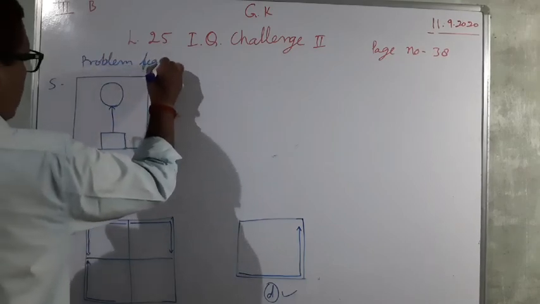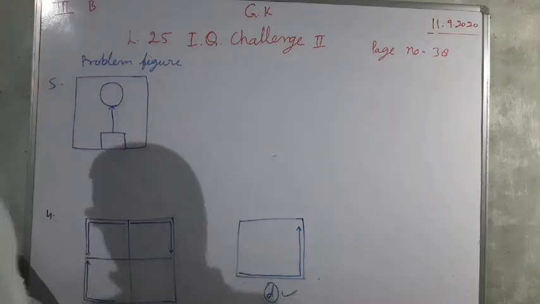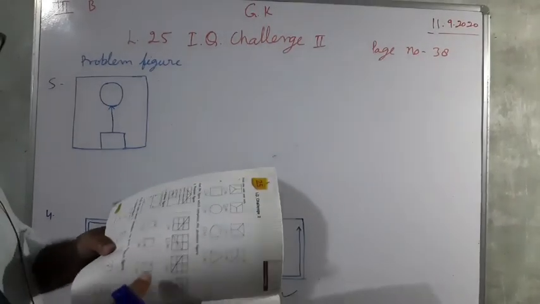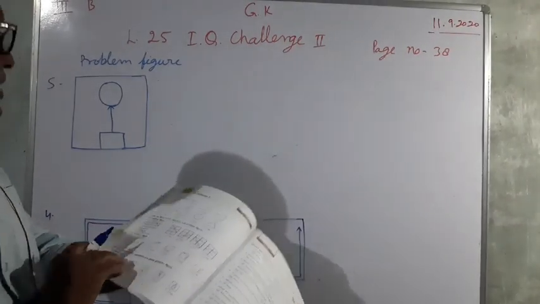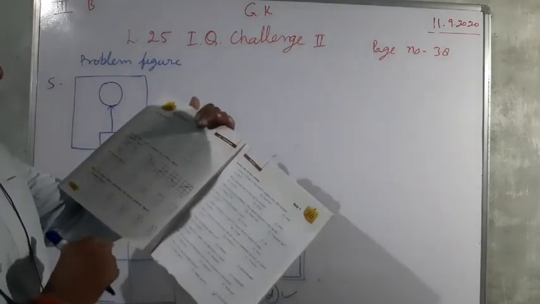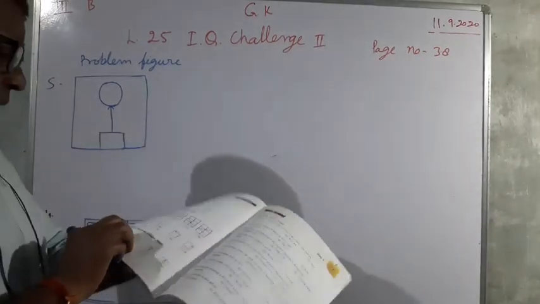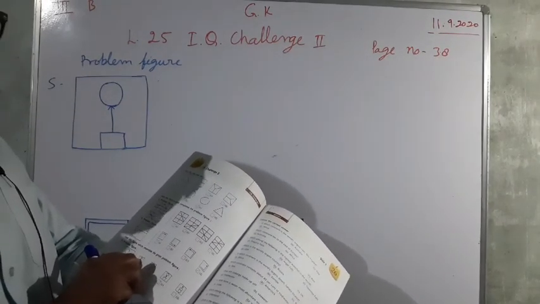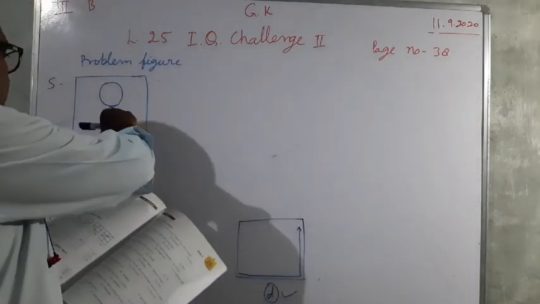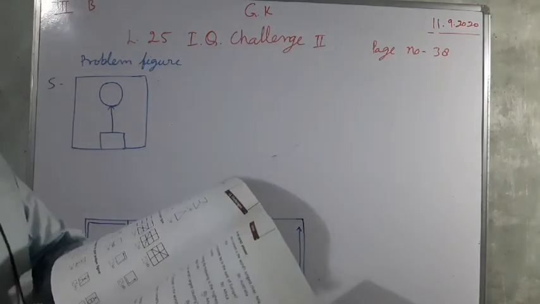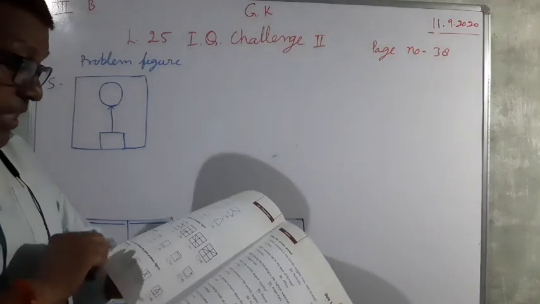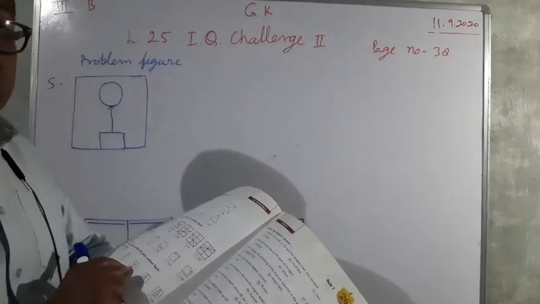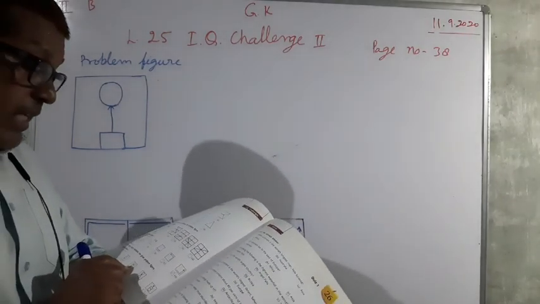Problem figure, and four alternatives are given here. You see the first alternative, which is similar to this one. In the first, the arrow is found above the ball, but here the arrow is below the ball. And second, you see this diagram is just inverted and the arrow is found just below the circle.